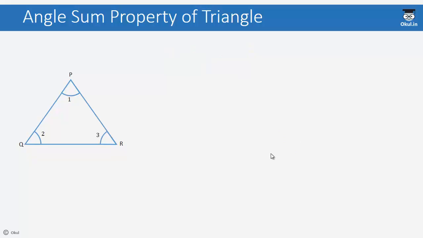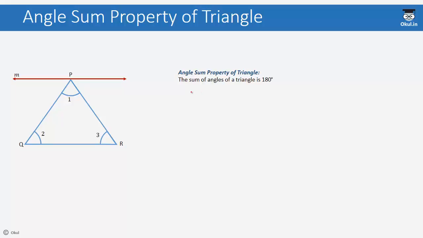Now let us do the mathematical proof of this property, that is the angle sum property of triangle. So in order to prove this property, let me construct a line which touches the point P. So we have the line as line M, and this line M is parallel to QR.